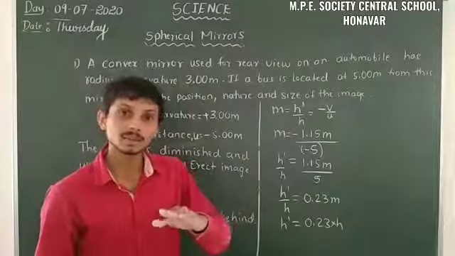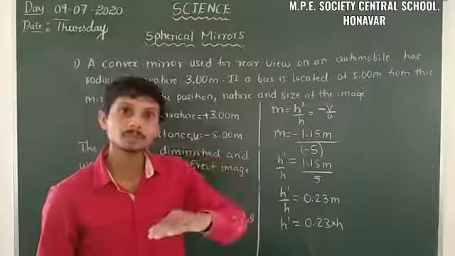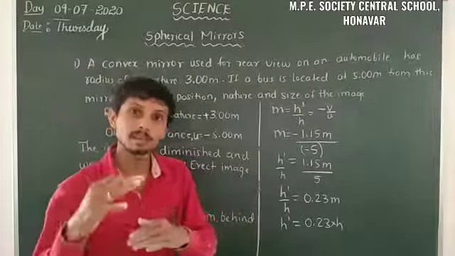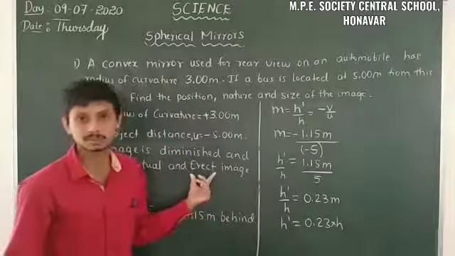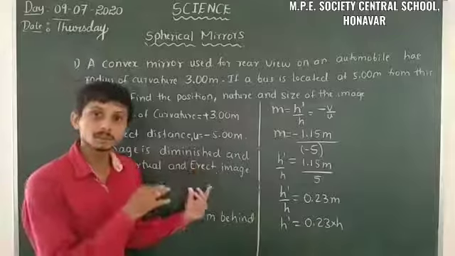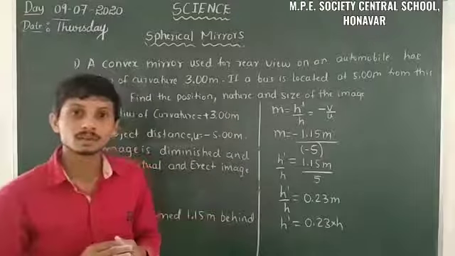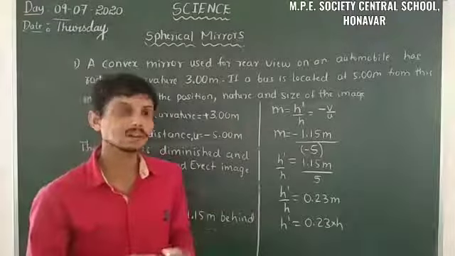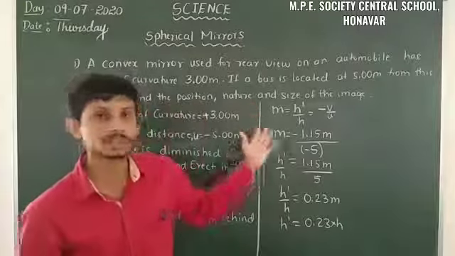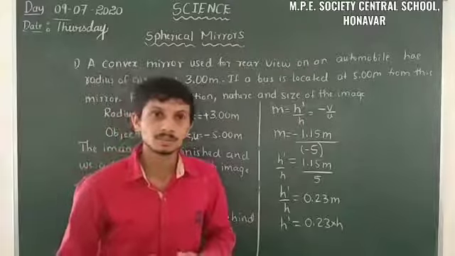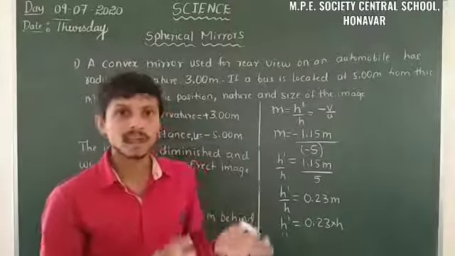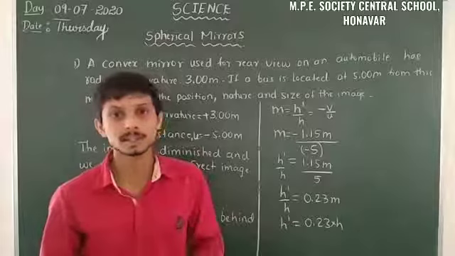That means the height of the object or image is above the principal axis, so an erect image is possible here. So from these formulas, we have to find the position, nature and size of the image here. So these are all about light and reflection and spherical mirrors.